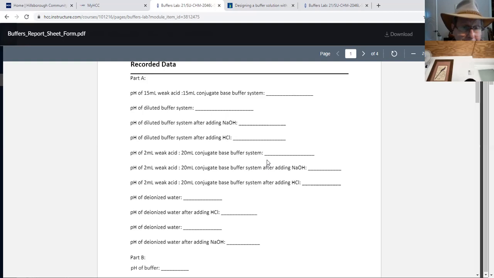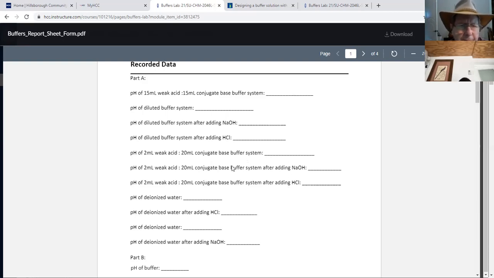Yeah. Now, to that new buffer, you're going to add, I think it says 3 milliliters of NaOH. Yeah, it says 3. Then you're going to add 3 milliliters of the HCl if you want to. It's not going to kill you. Add it and see what happens.